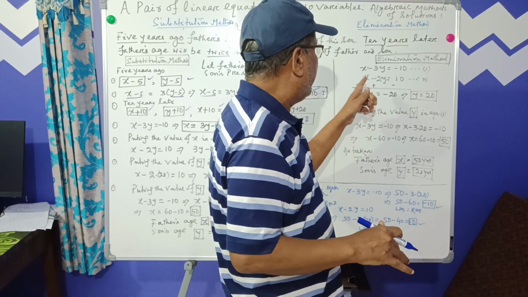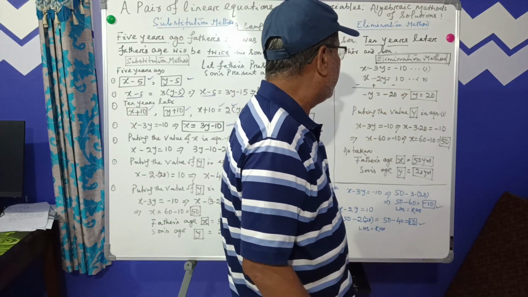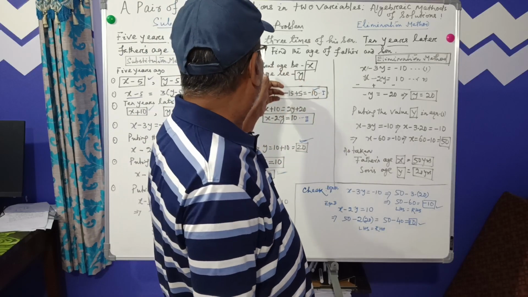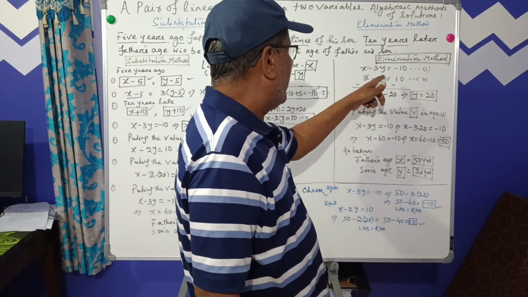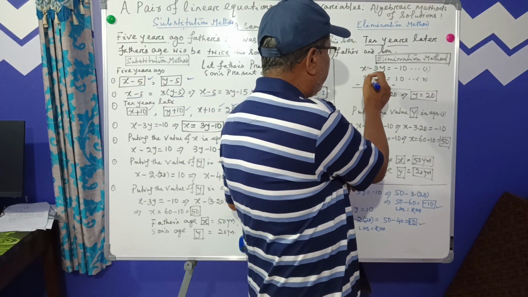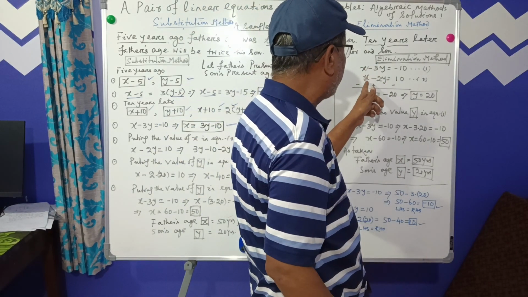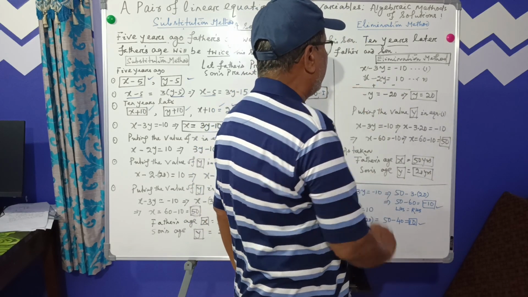Now we have x minus 3y is minus 10, equation number 1, and we have already presented equation number 1 and equation number 2. Write accordingly. Now, if we subtract this equation from this, we have to change the sign.